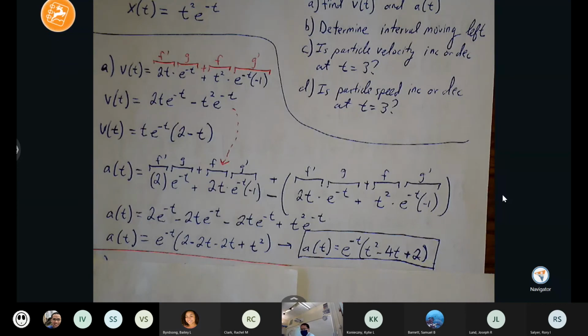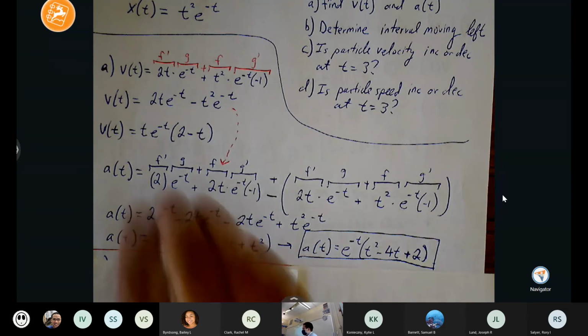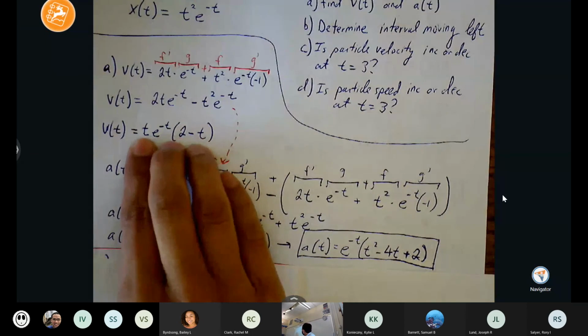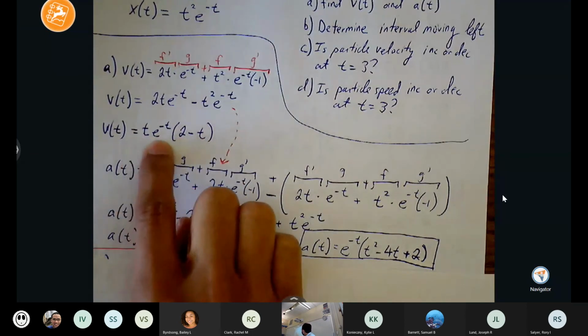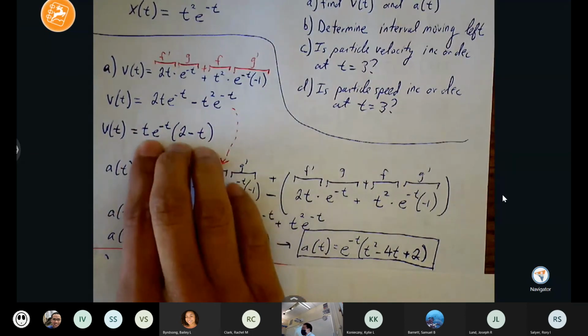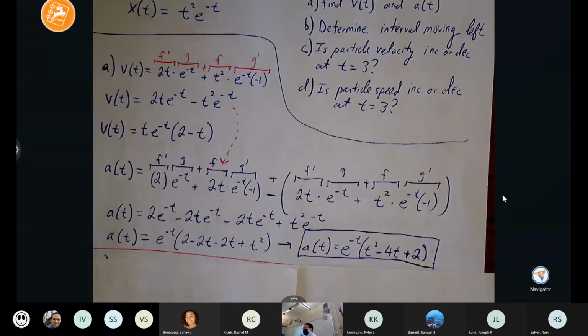So what we need is a critical point to place onto the velocity sign line. So we set velocity equal to 0, right? This is a good place to look for critical points because we have t, e to the negative t, and 2 minus t. These are all nicely factored. We can think of these as 3 separate locations to find our critical points.